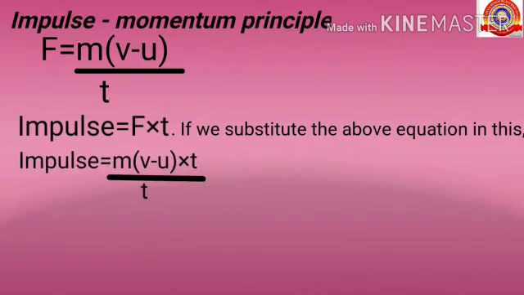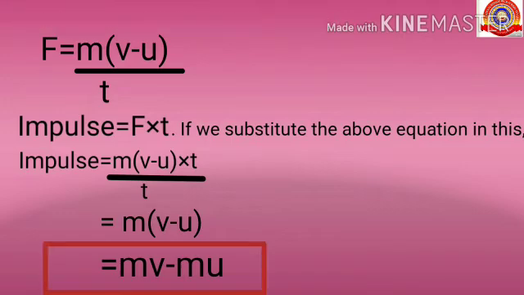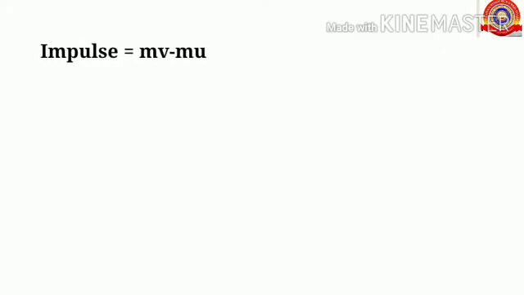If we substitute the above equation in this, the equation changes to impulse equals m into (v - u)/t into t. As t is common in numerator and denominator, t cancels out. Then the equation changes to m into (v - u), and it can be written as mv minus mu.